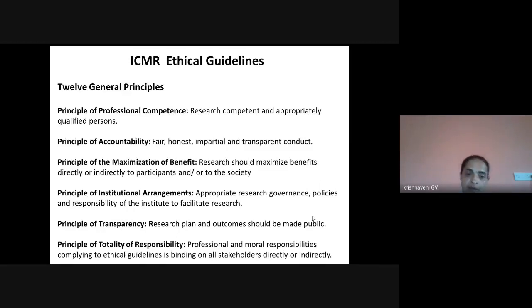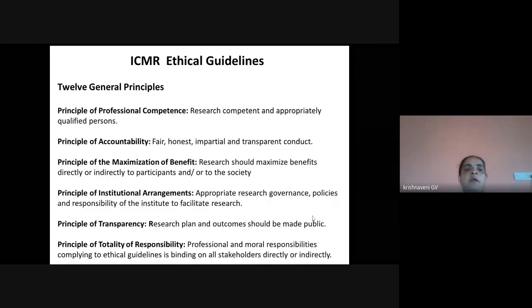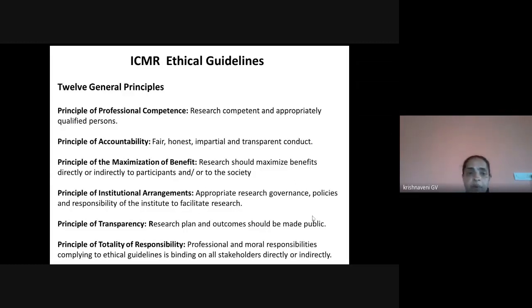And finally, as I mentioned earlier, taking care of all these principles, handling all the aspects related to research, the overall responsibility lies with the researcher and not with the participant. So ICMR mandates these 12 principles for anybody doing research.